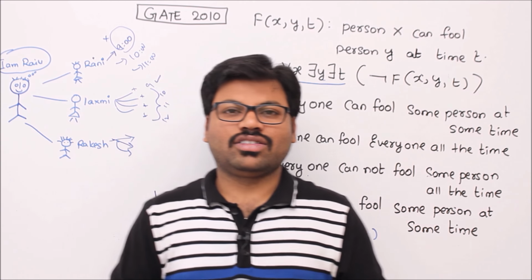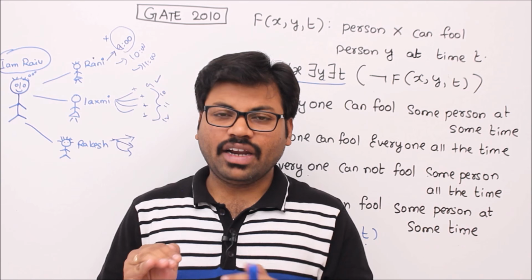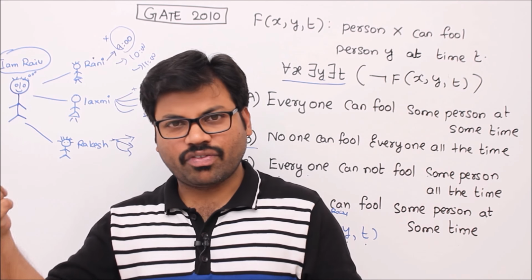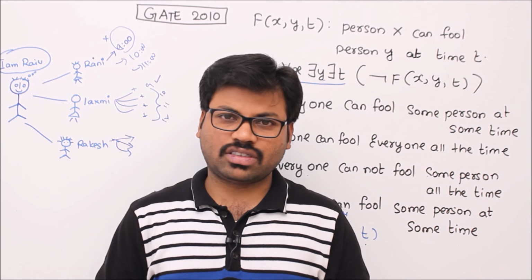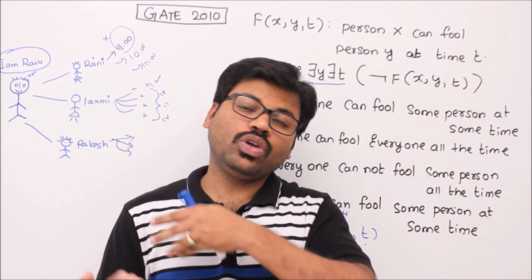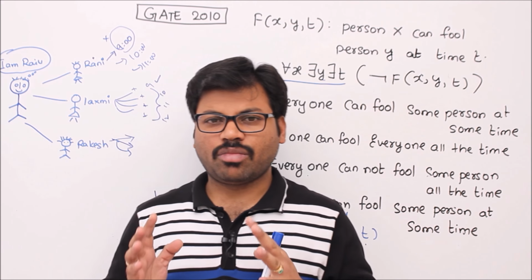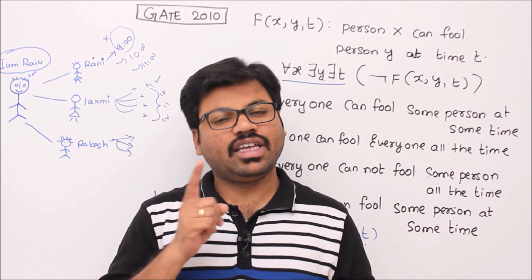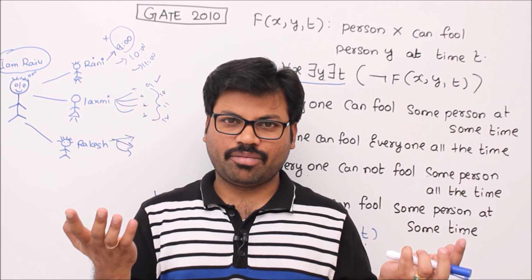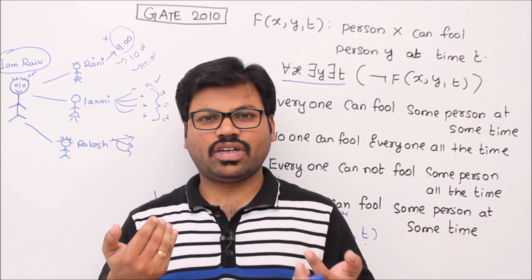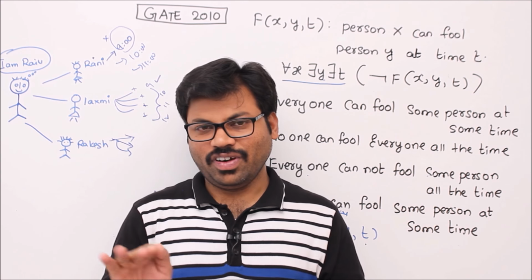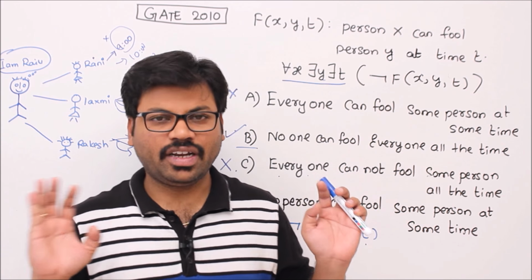Understand? So what's the problem with Raju? He tried to fool some person at some point of time, and he was not successful. Then who is the opposite of that? What is the opposite's behavior? If some opposite person exists, then he can fool everyone at every time. Raju cannot do that. That means Raju cannot fool everyone at all times, right?